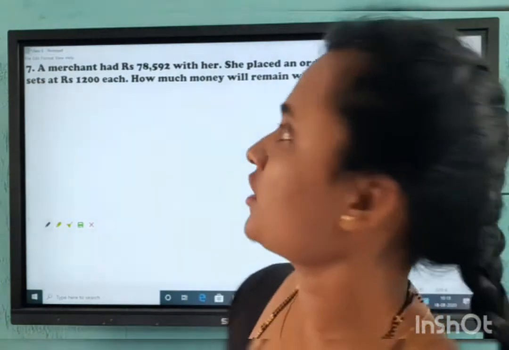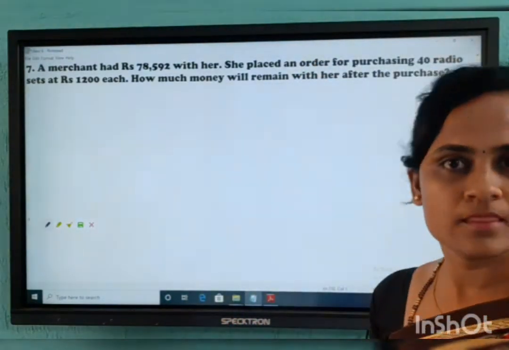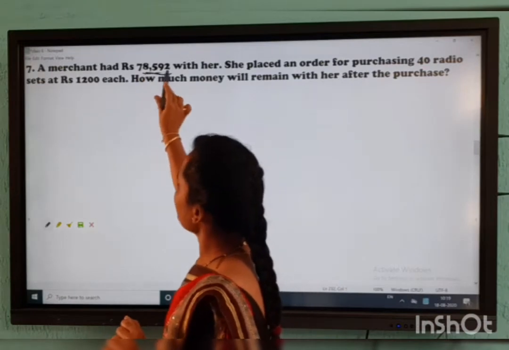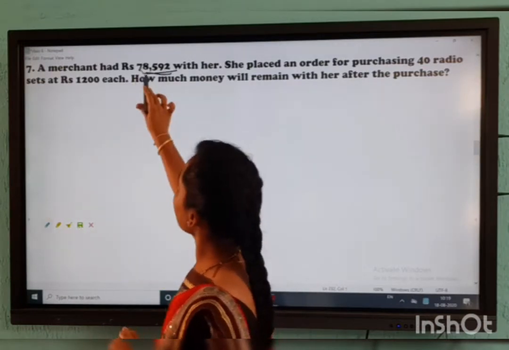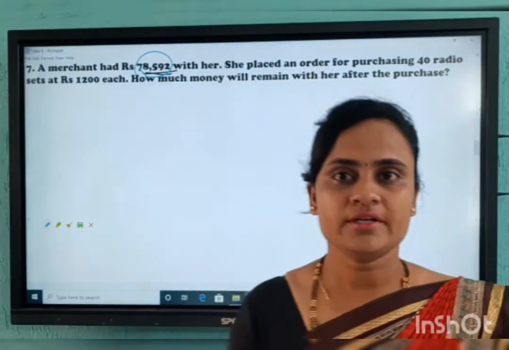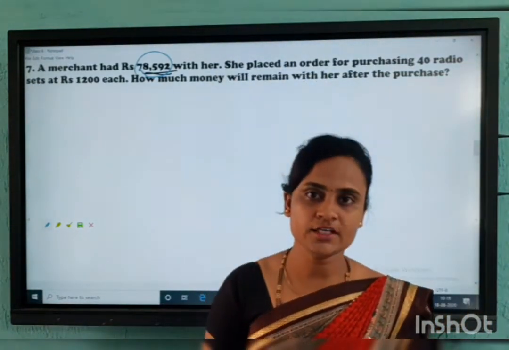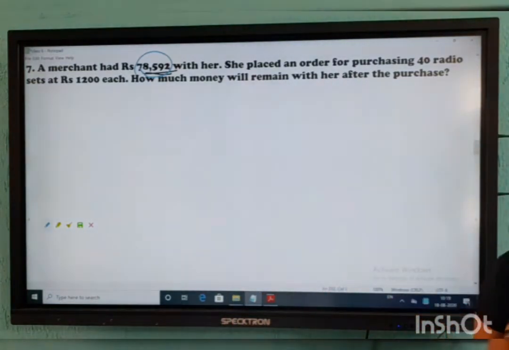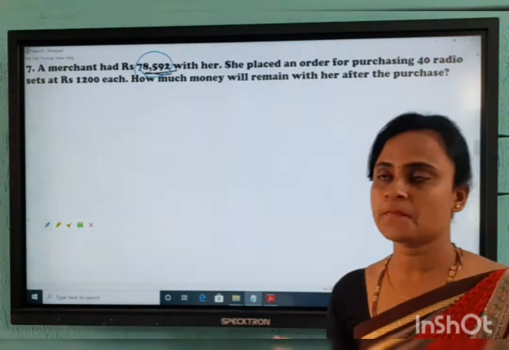So what's the question? There is a merchant. She has how many rupees with her? She is having 78,592 rupees with her. Now she placed an order. So she is purchasing something. What is she purchasing?